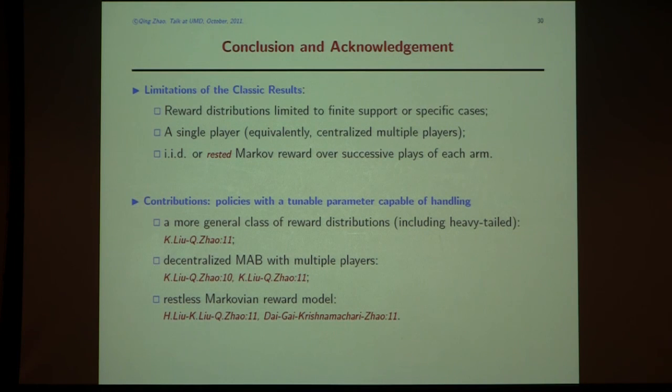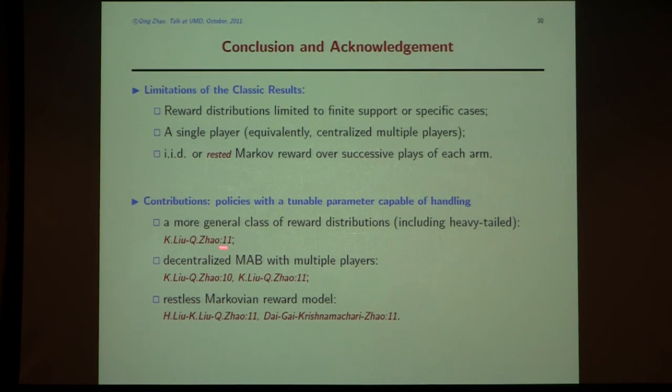I will just conclude and acknowledge my students. We are essentially trying to broaden the model of the classic bandit problem and hopefully make this mathematical model more applicable. We look at policies that can handle a more general class of reward distributions without knowing the distribution type, and that computationally handle heavy-tailed distributions.